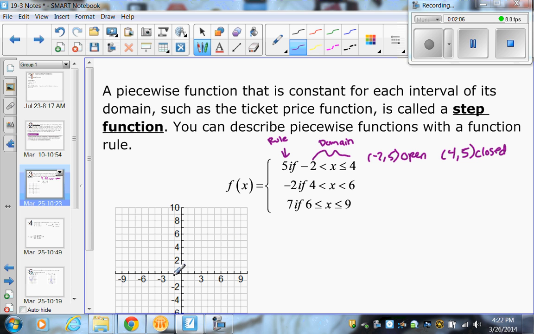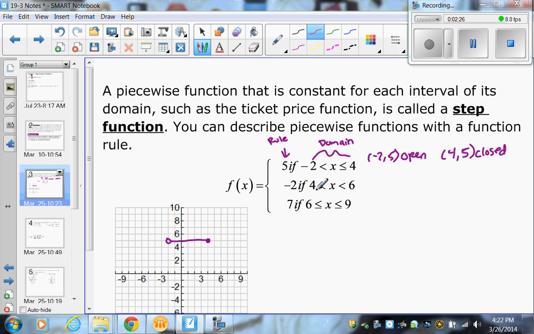So that gives me -2, 5 with an open hole, and 4, 5 with a closed hole. And then we're going to connect them.